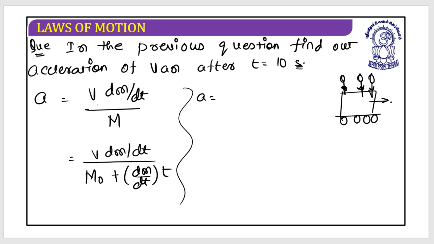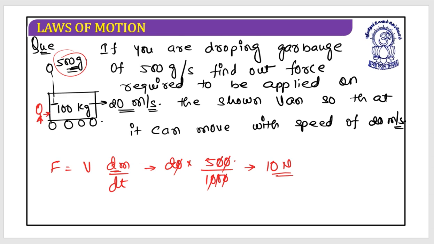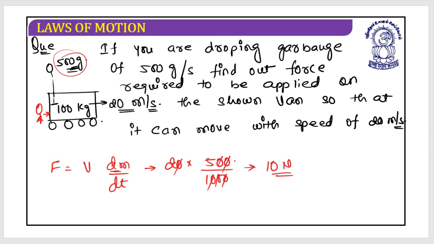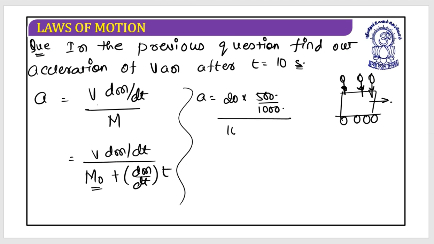So let's have the values. Acceleration should be equal to v, it should be moving with 20 meter per second, times dm by dt, what was it? It's 500 gram per second, so this is 500 divided by 1000, divided by the total mass. It's m naught, the initial mass, the mass of the van, which is 100 kg, plus dm by dt, that is 500 divided by 1000, multiplied by how many seconds?